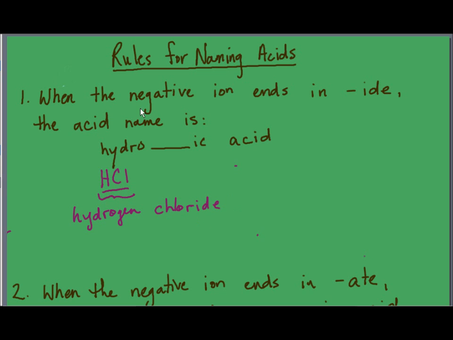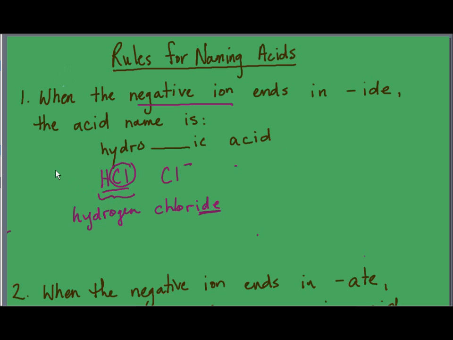When the rule talks about the negative ion, that is Cl minus. When it ends in IDE, you can see that the ending here is IDE. That means we turn the acid name into hydro-blank-ic acid.